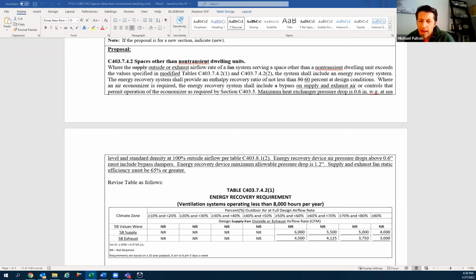I will say that I have heard from Keith that there are problems there, and that's why the change to 1.2 is suggested, but with the addition of bypass dampers.